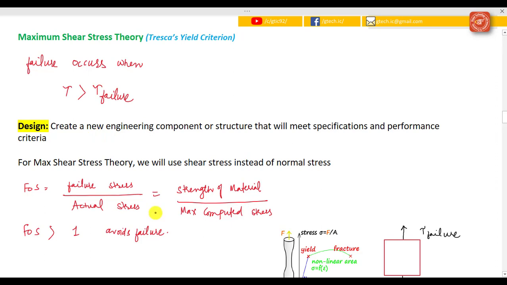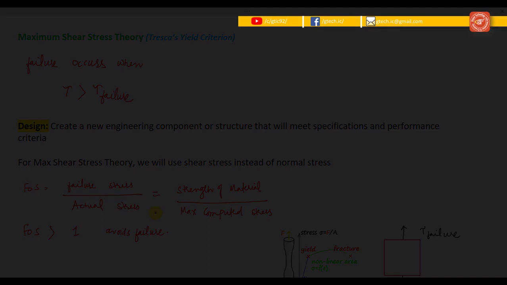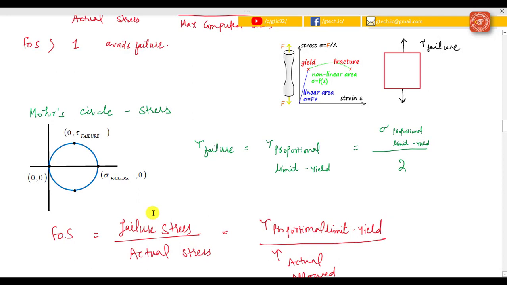Factor of safety is the design criteria for different types of engineering components or structures, and the designer defines what the failure is going to be, or designs against what the failure mode is going to be. And for the normal stress theory, we use the simple tension test to look at the failure to design our stress strain diagram.